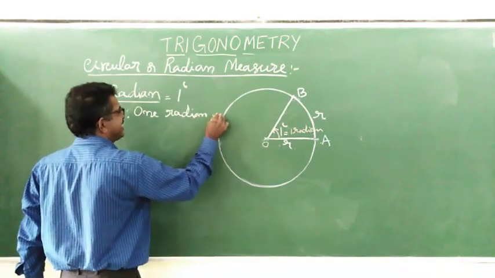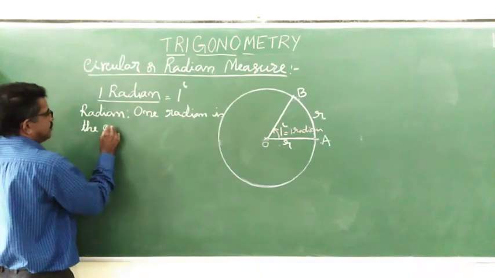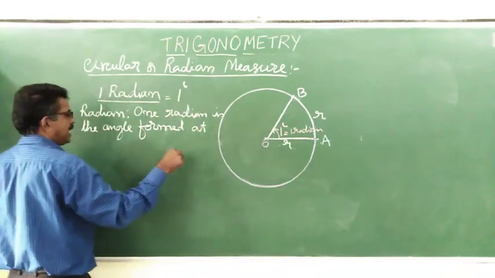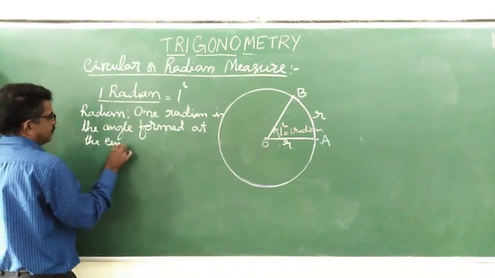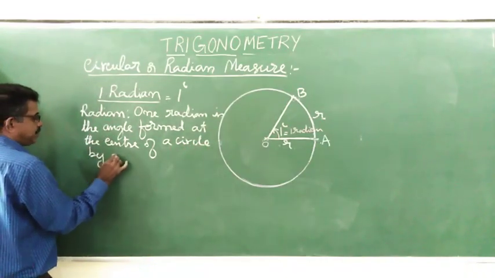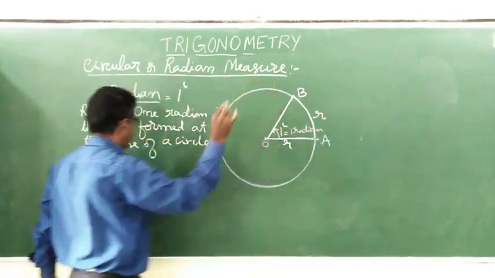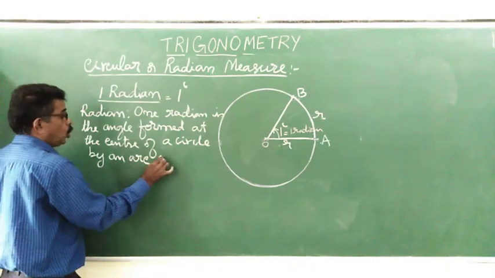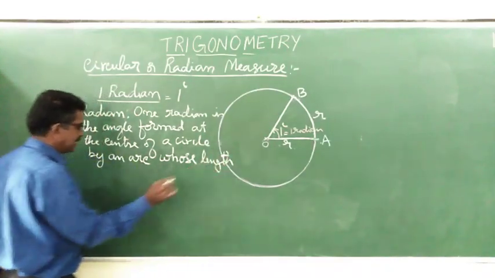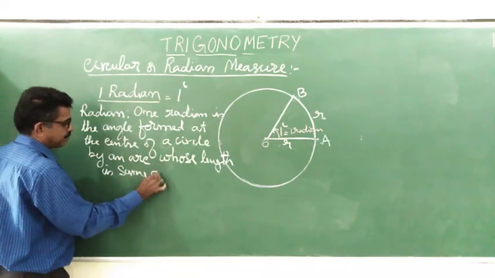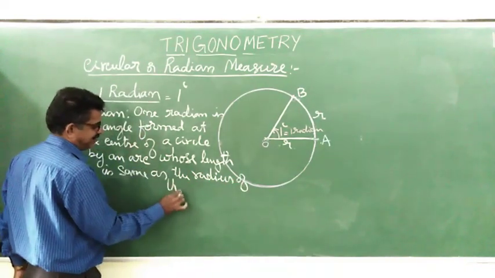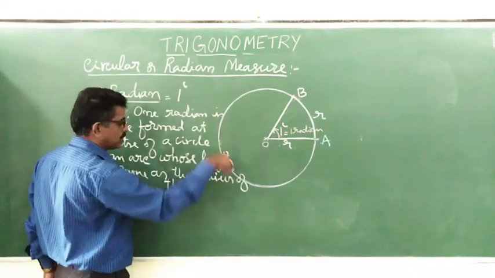One radian is the angle formed at the center of a circle by an arc whose length is the same as the radius of that circle.